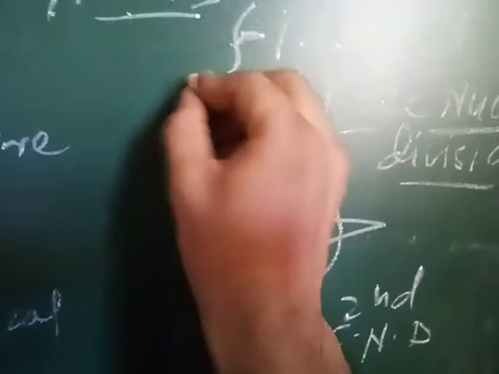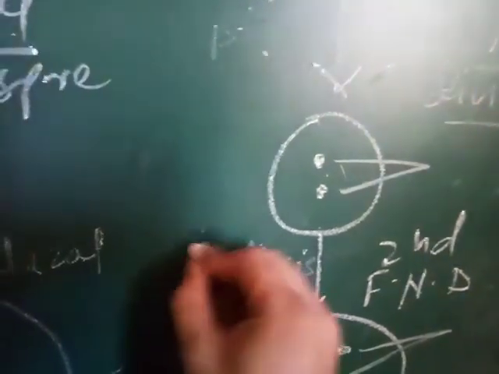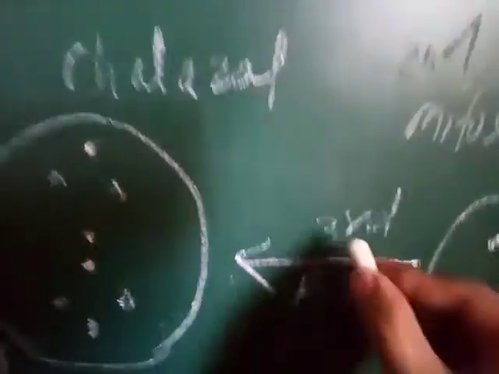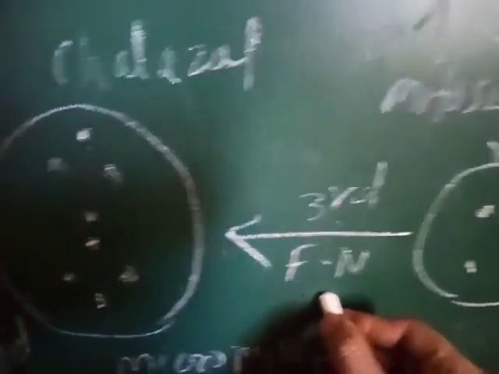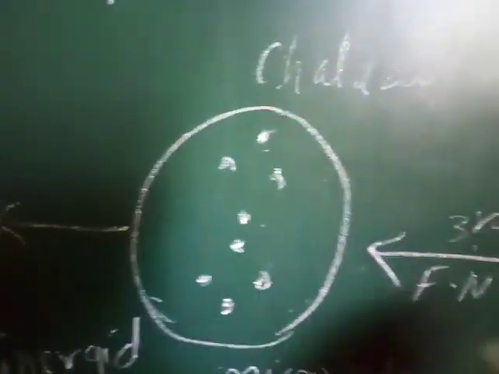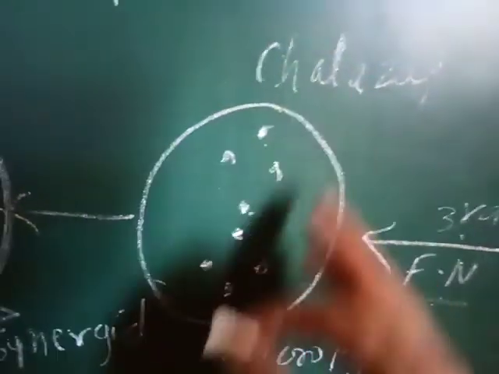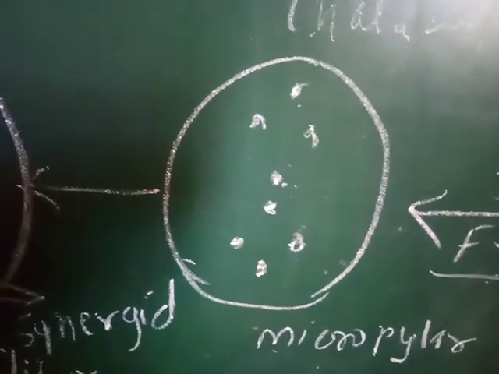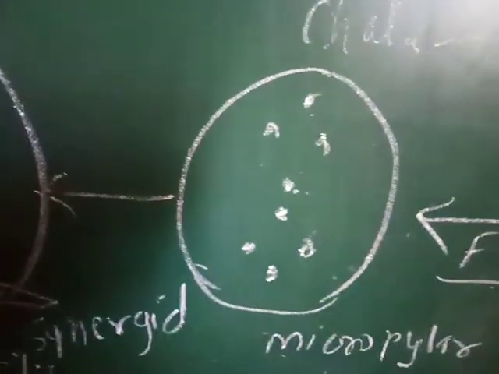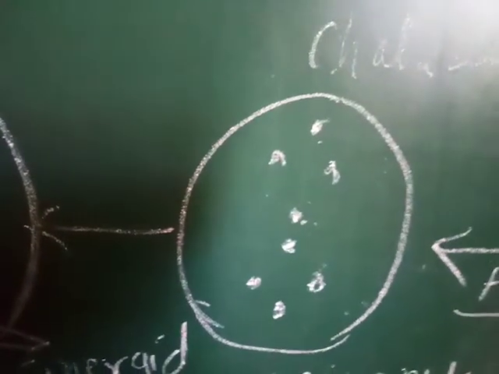In the third free nuclear division, that is the third mitosis, we get 8 nuclei. Why is it called free nuclear division? Because it is not followed by cell wall formation or cytoplasm formation. Only haploid nuclei undergo mitosis. So the first, second and third mitotic divisions give the 8-nucleate structure.